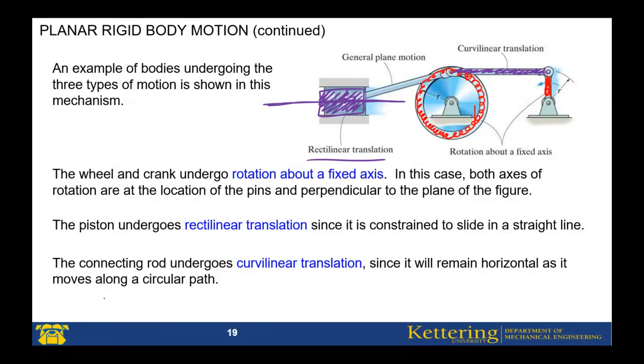And finally, this one. This link has a general plane motion. Why? One end of this one has a rotation. One end of this one has a translational motion. This link has a general plane motion.